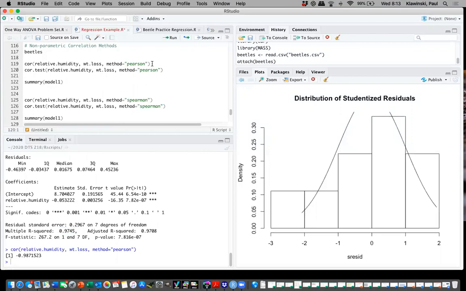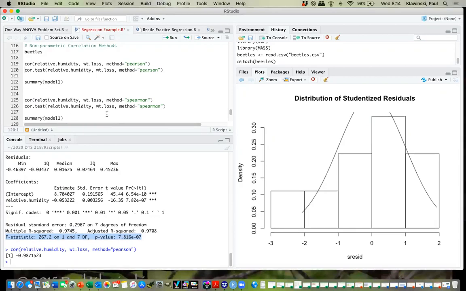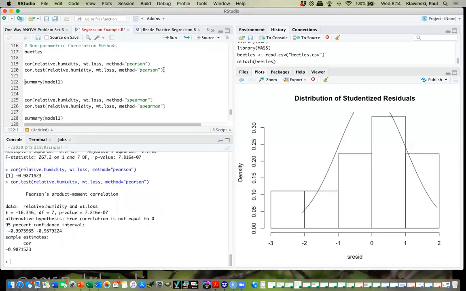The other cool thing about this is that when you test that correlation coefficient for significance, pay attention to the F statistic down here with the degrees of freedom and the p-value. You see that that was 7.82 times 10 to the minus 7th. When you test the Pearson correlation coefficient, it's basically the same test, because once again, you see 7.816 times 10 to the minus 7th.